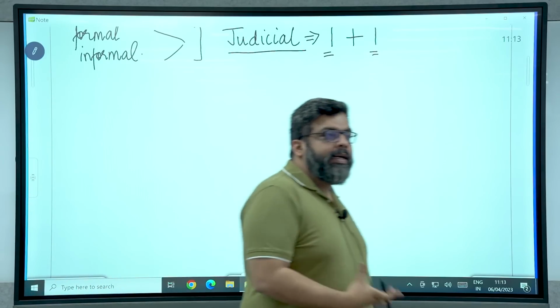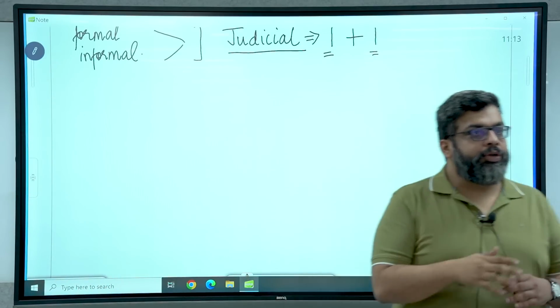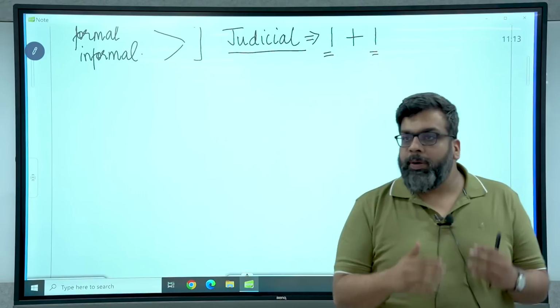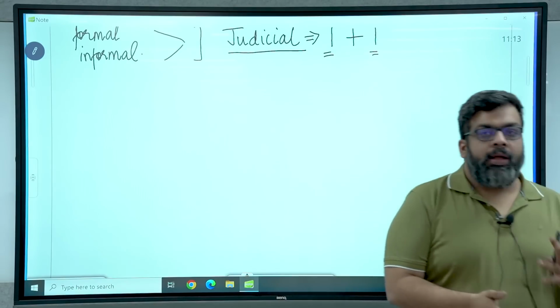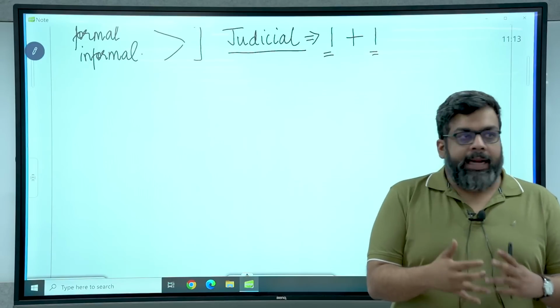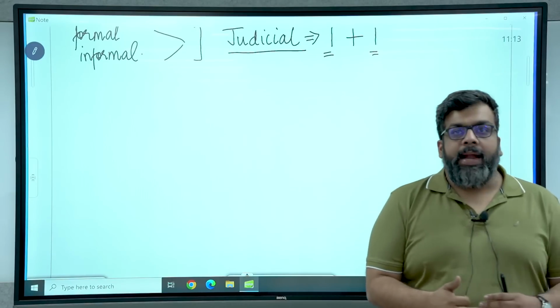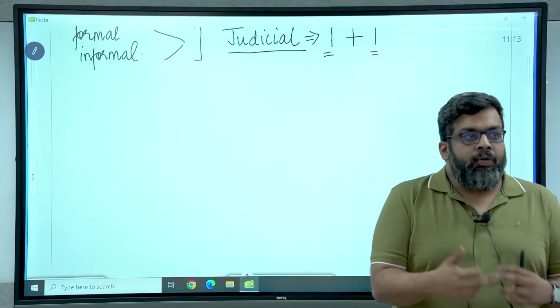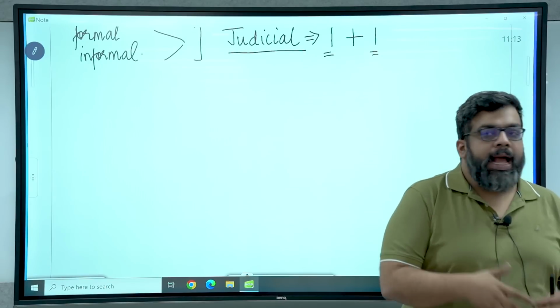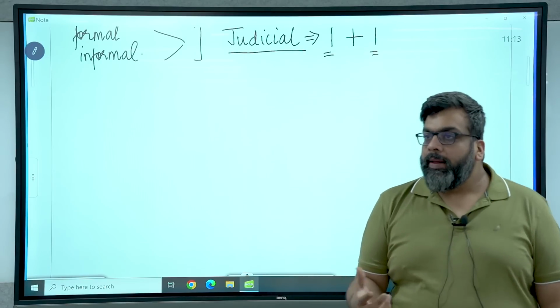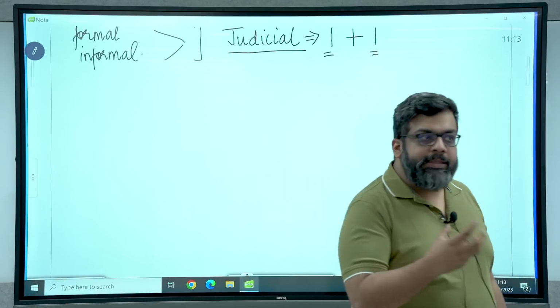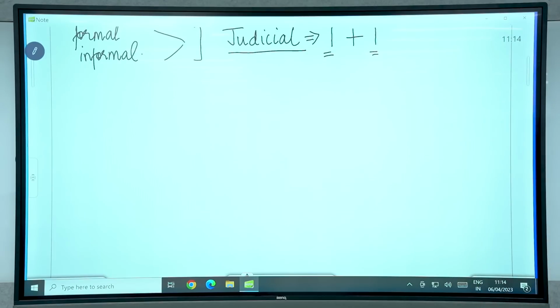At the end of the day, what we're essentially trying to do is that more people come to court, more courts are existing, and more people are getting more of their cases solved as soon as possible. These are the four basic issues that a judiciary of any country simply seeks to achieve or wants to achieve.